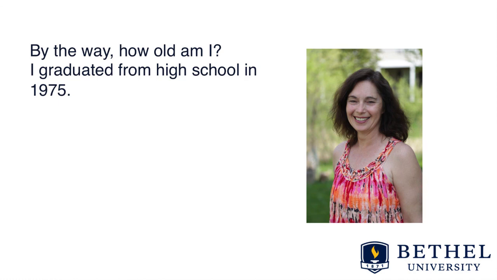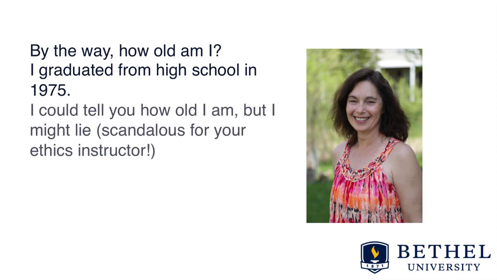Well, it might if I didn't graduate from high school when I was 12 years old, or if I was one of those real late bloomers and didn't graduate from high school until I was 22. You might ask me how old I am, and because I'm a good Bethel instructor, I probably won't lie to you, but I certainly could.